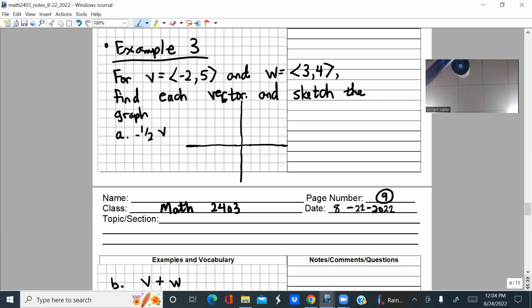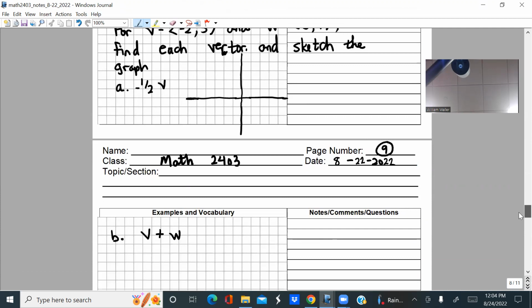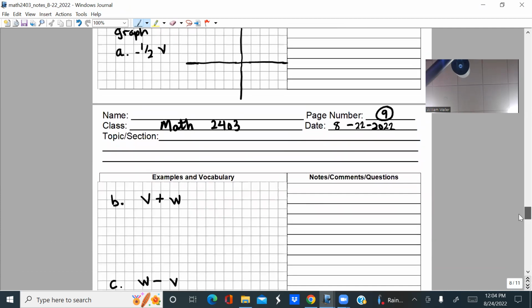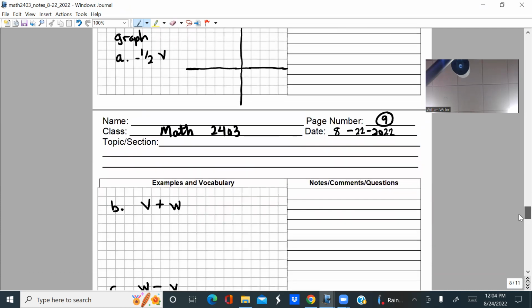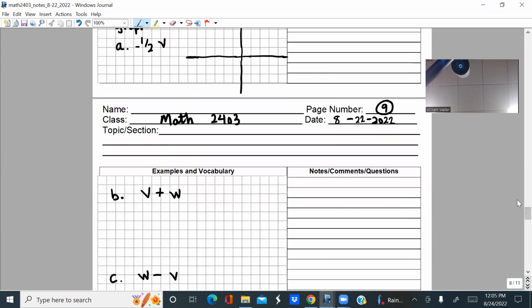Write those down on your paper, okay? Because here's what I want you to compute for me. Let's see if I can get it all on here. Well, I cannot. All right, so there's 3 of them, though. Calculate these for me. Did y'all write down those two vectors? Okay. What were they? V was what? Negative 2 and 5.